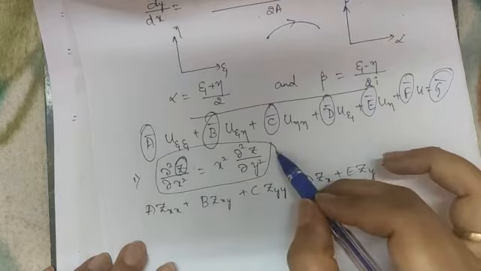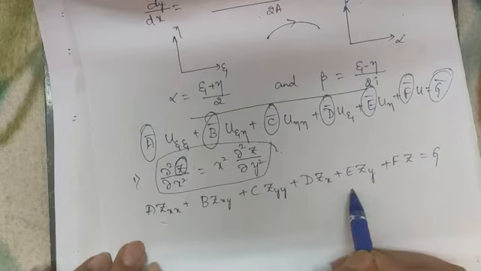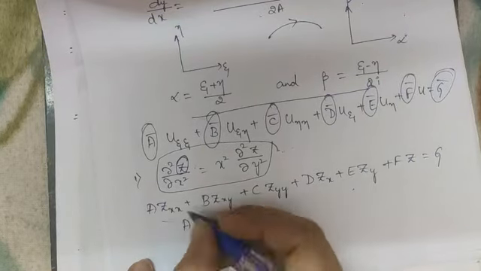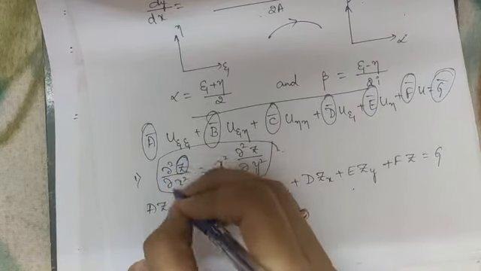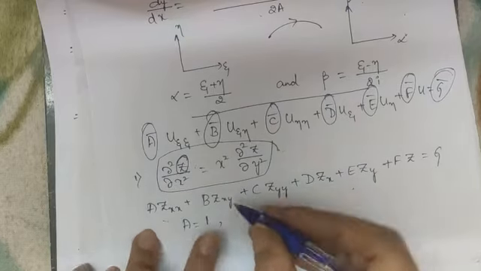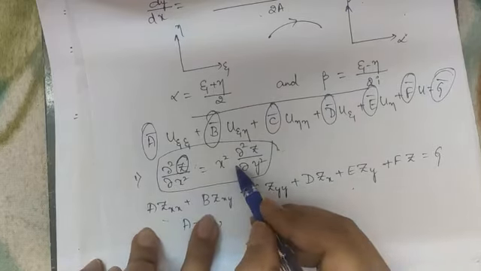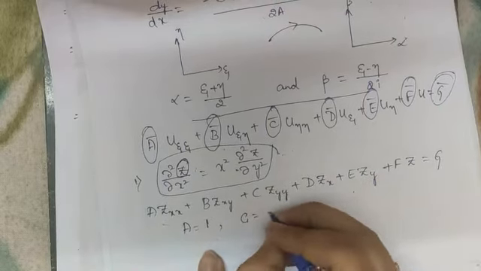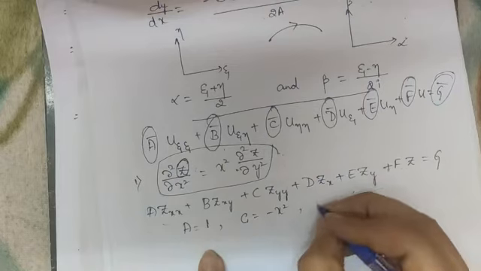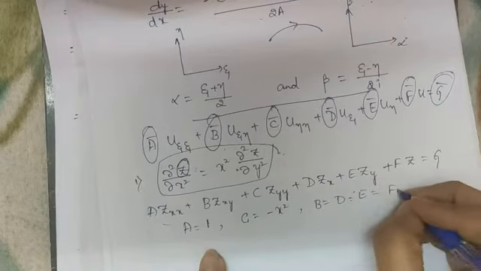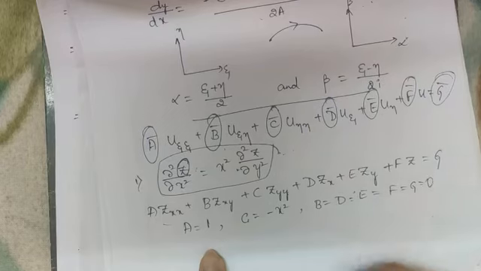If I compare this equation with the standard equation, you can observe the value of a, that is the coefficient of zxx, is 1, and we don't have a b value here. The value of c is minus x square. So b, d, e, f and g are 0.